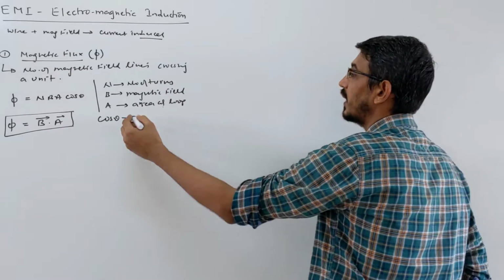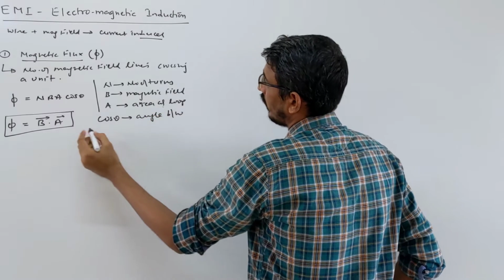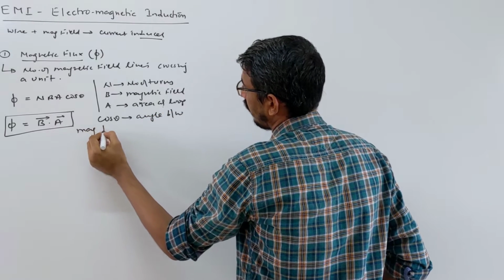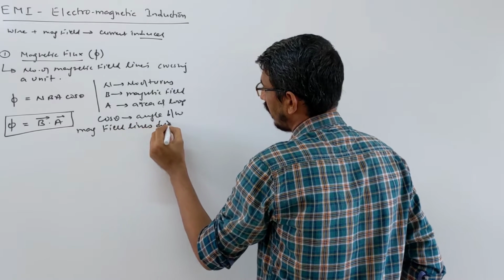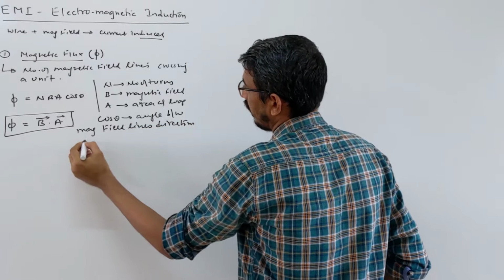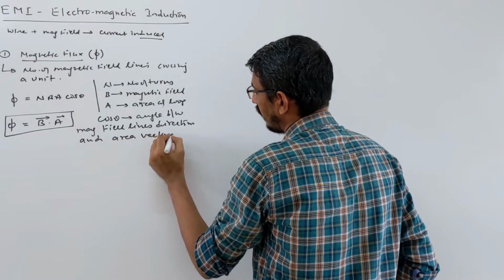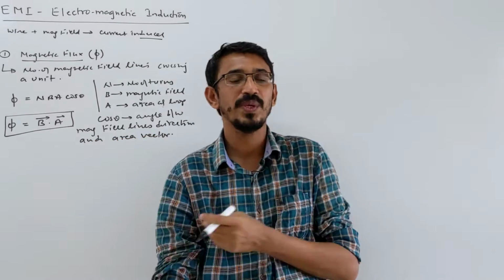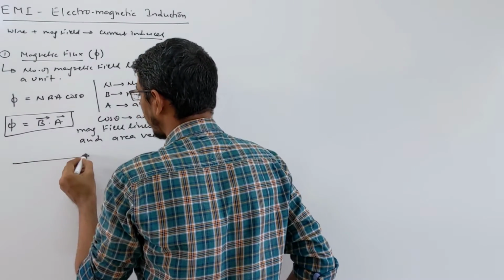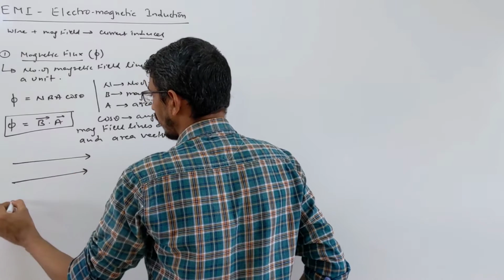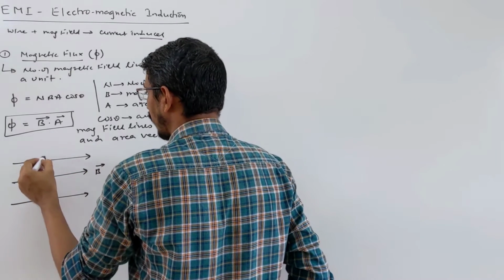So this angle is the angle between the direction of the magnetic field lines and, very important, the area vector. And we know that the area vector is always perpendicular to your area. Let me draw a picture. Suppose this is the direction of magnetic field B, and I put a circular loop here.